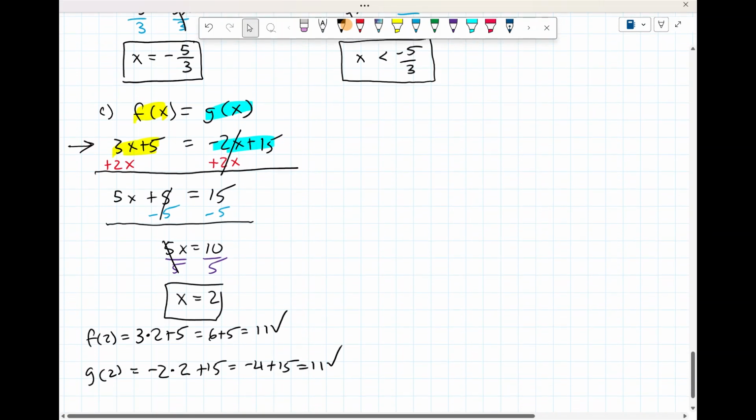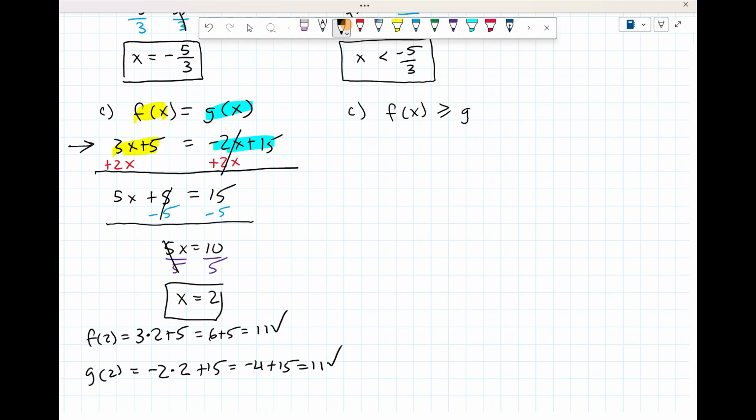All right, next we are going to solve when f of x is greater than or equal to g of x. And again, I'm just going to plug in for f of x on the left, g of x on the right. And this is basically going to be a nearly identical solution. So I'm going to do this rather quickly.